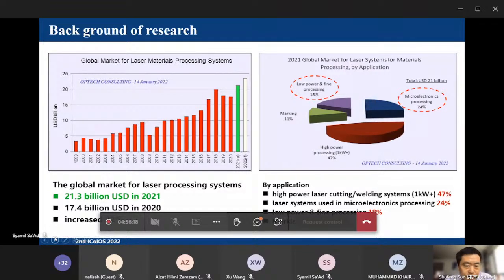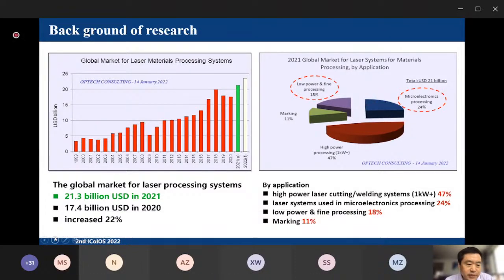In 2020, it was only about 17 billion US dollars, so it increased 22%. By application, high power processing, such as high power laser cutting and welding, accounts for 47%.